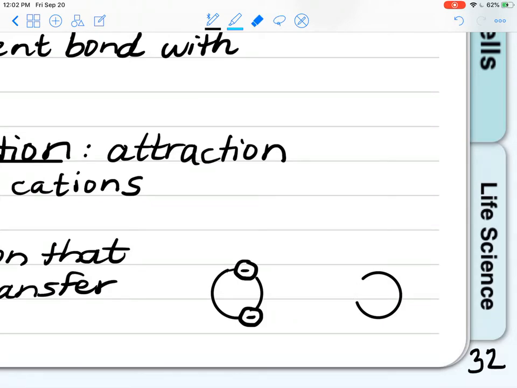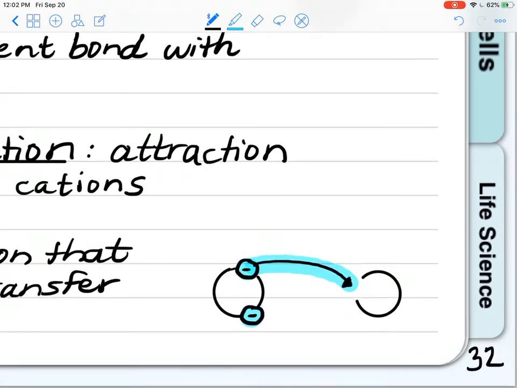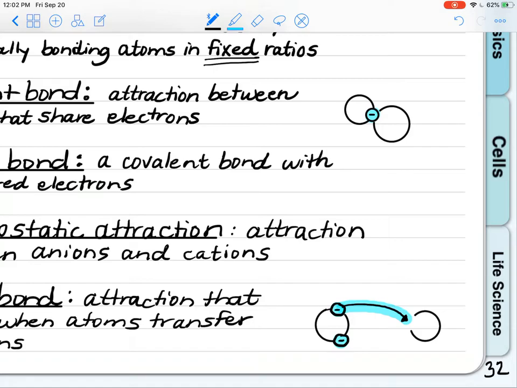Okay, and so it says, all right, you have 2. We're going to transfer one of those right into this space. So we're going to give away completely. We're not going to hook on there. We're actually going to give away an electron. So we're going to send that electron over to that atom. And that is an ionic bond.